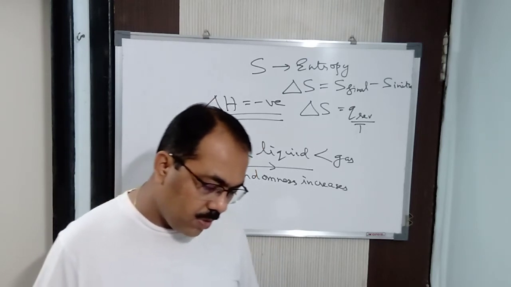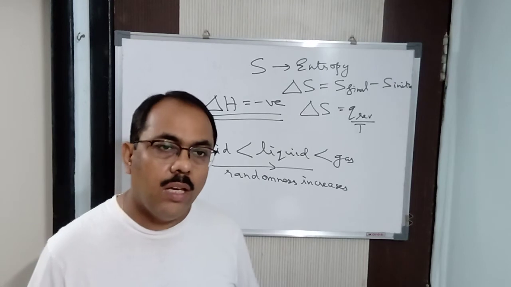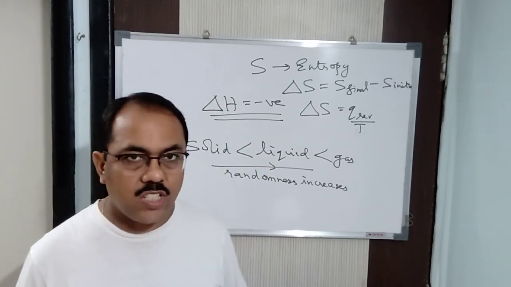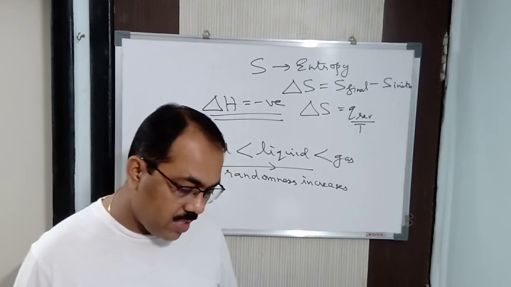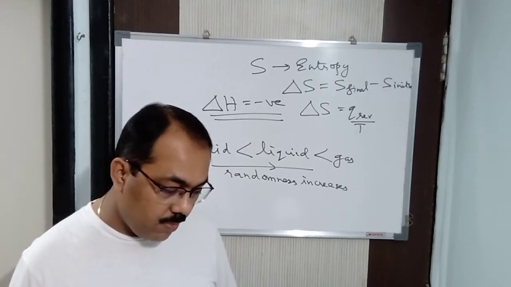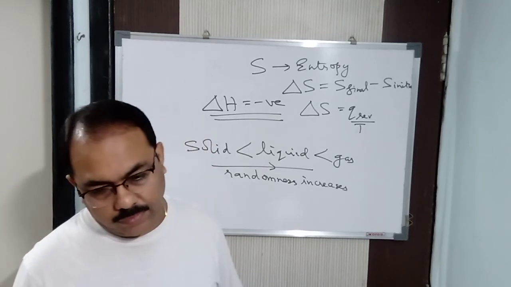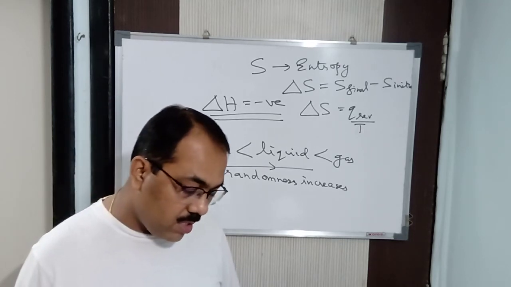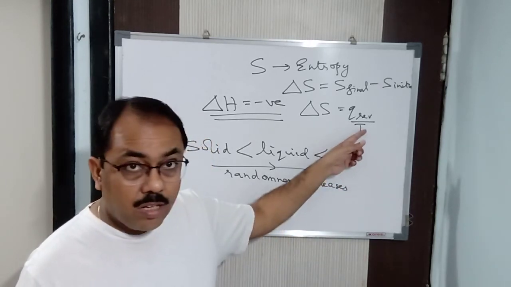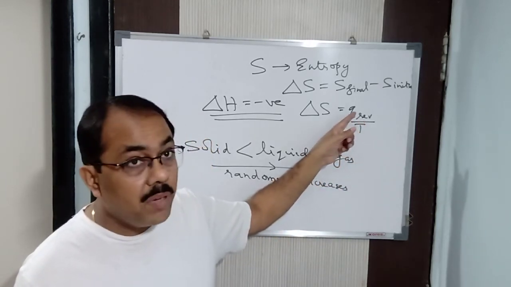Because for a reversible process, the change in entropy is 0, we can say that. Whereas for an irreversible process, that is the isolated process, the entropy change is greater than 0. Now this is not an isolated process, mind it. This is simply a reversible process.